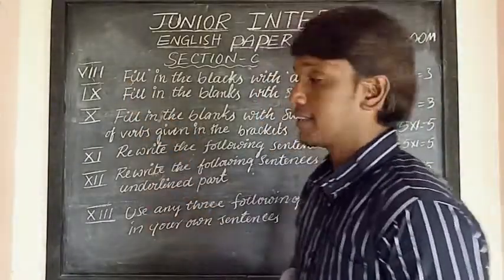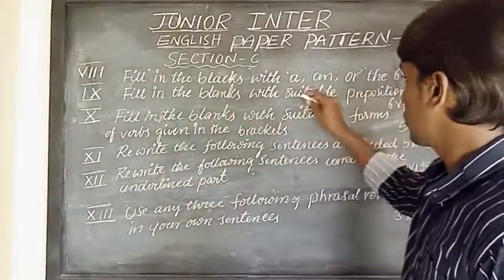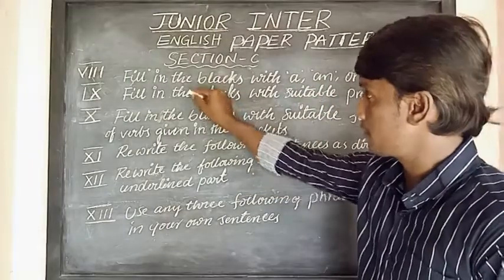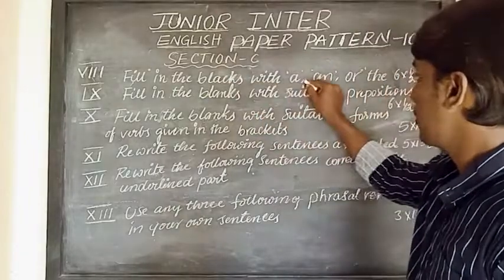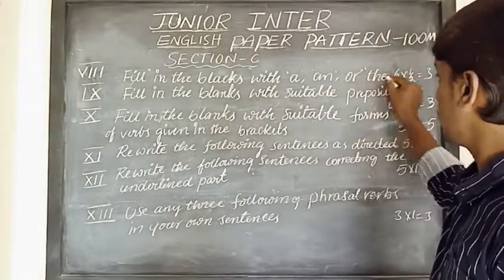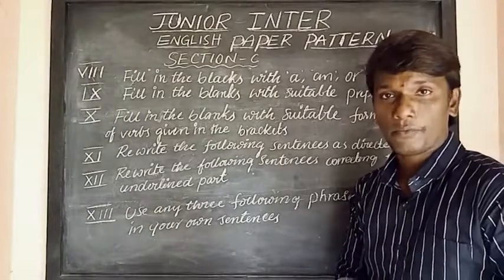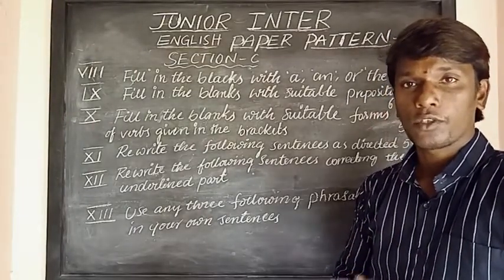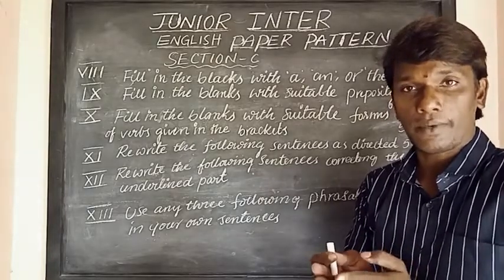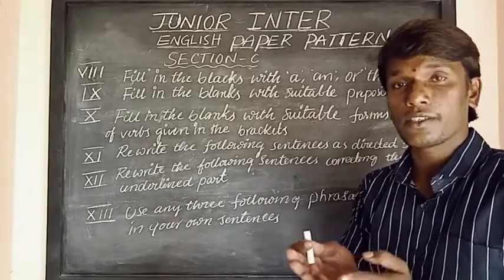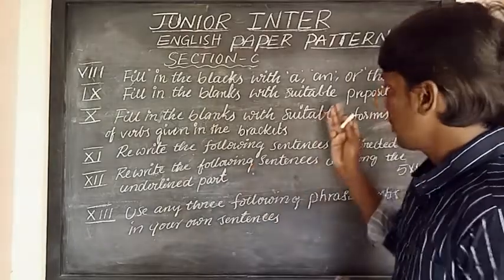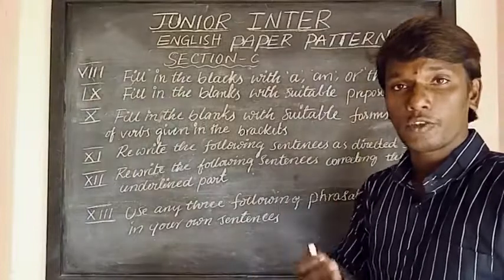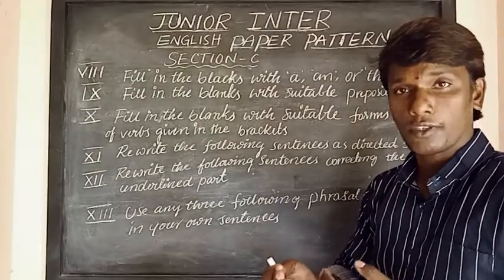The Roman number 8 is fill in the blanks with A, AN or THE. That means articles. You will be given blanks in 6 sentences, and you should use either A, AN or THE based on the use of articles.